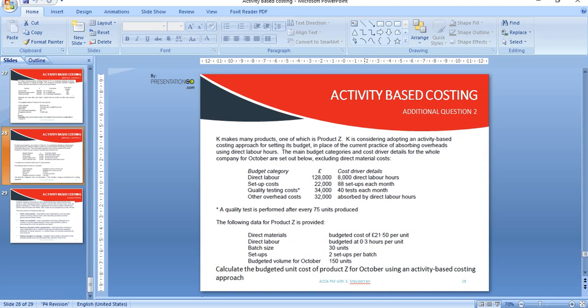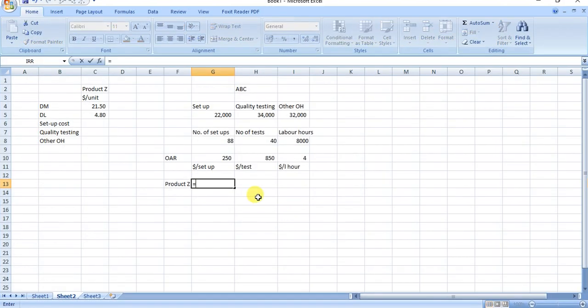We'll check. Budgeted volume for October 150, and they say tests are performed after every 75 units. So in 150 units, how many tests would be done? Two tests, because 75, then you reach 150. So number of tests has to be 150 divided by 75. Two tests.